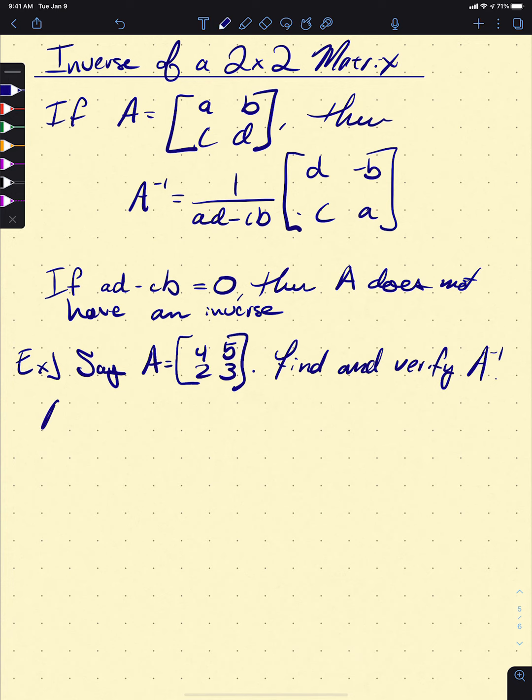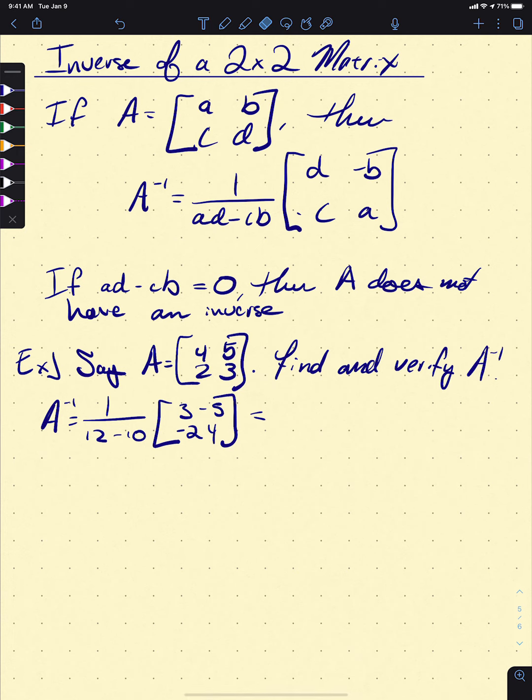Using our formula from above, we're going to have 1 over AD, which is this product here. That's going to be 12, minus this product here. AD minus CB, so 12 minus 10. And then we're going to switch the diagonal elements, so it looks like it's going to be 3 and 4, and we're going to negate the other two.